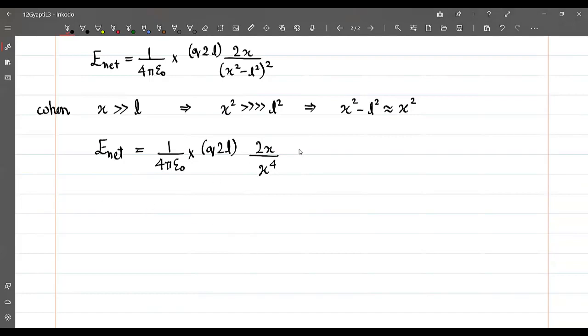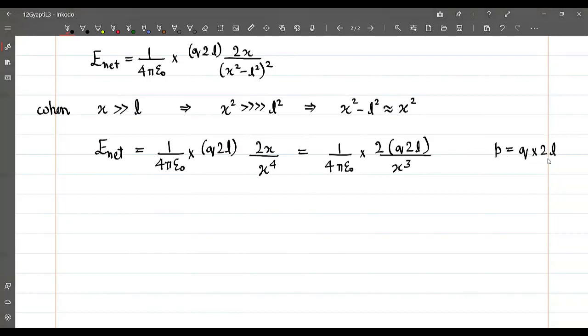So I can write this as 1 by 4 pi epsilon naught into, the x and x will cancel, twice of q into 2L whole divided by x cube. Now, if you pay attention, the dipole moment P is equal to q into 2L.